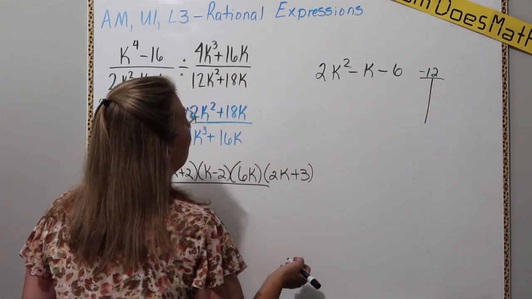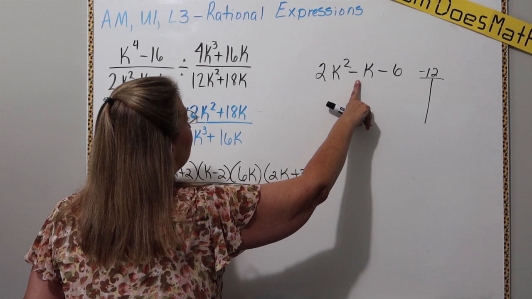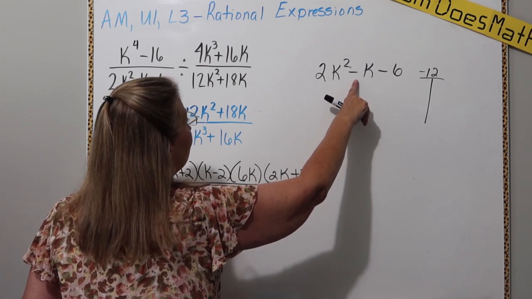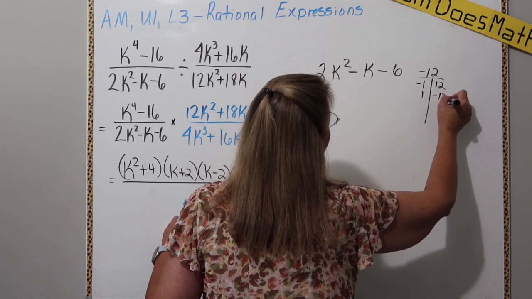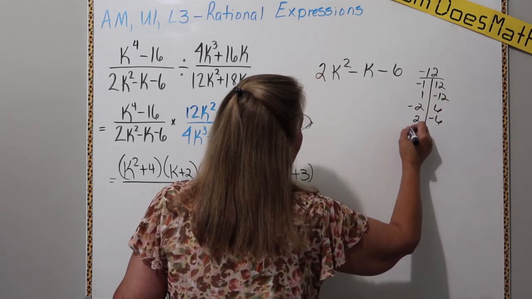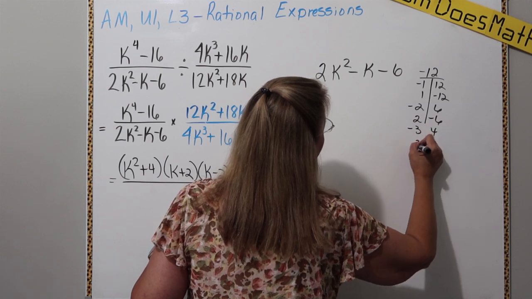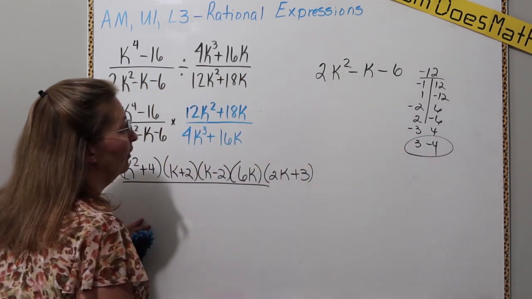Now we need a pair of numbers that will multiply to give us negative 12, but add up to give us the coefficient of this, which is understood to be 1, and it's negative. So you've got negative 1 positive 12, positive 1 negative 12, negative 2 6, 2 negative 6, negative 3 4, 3 negative 4. Now I'm looking for negative 1, so it's going to be that one.